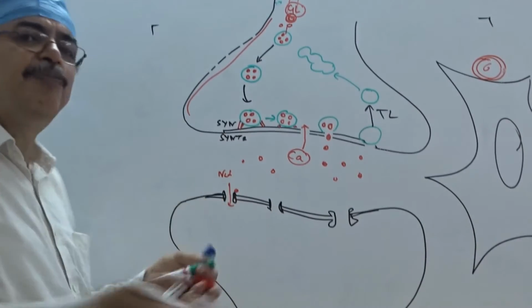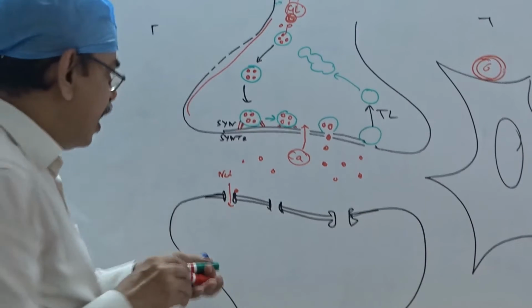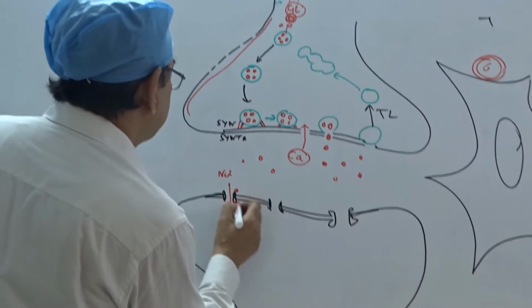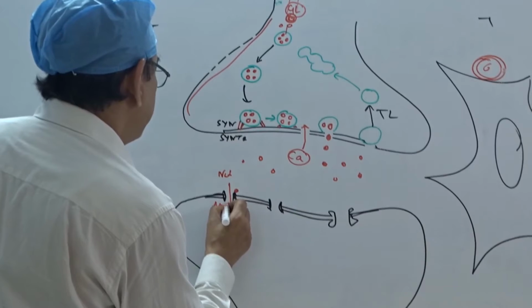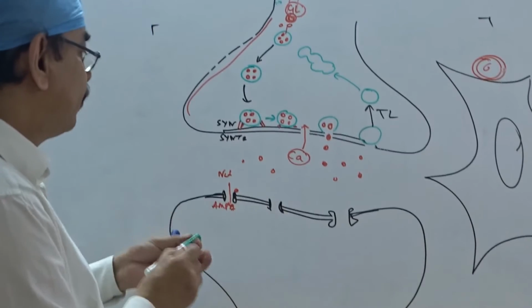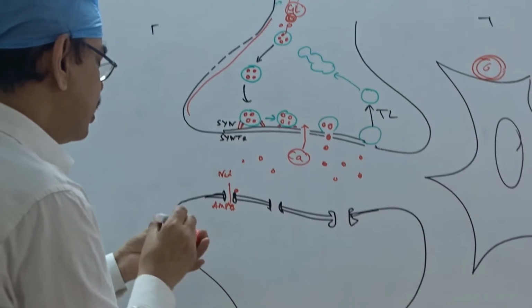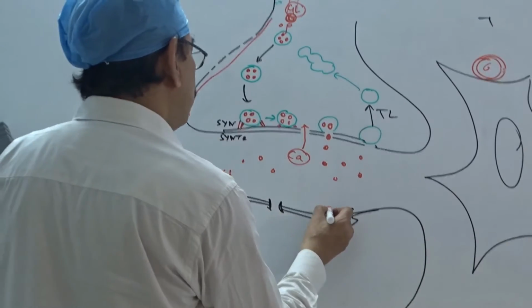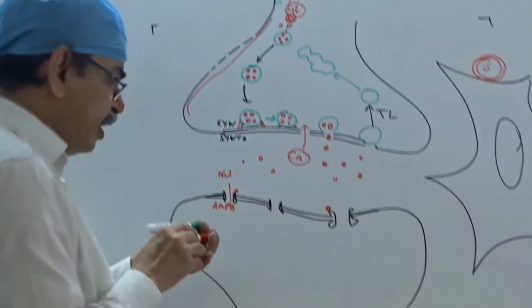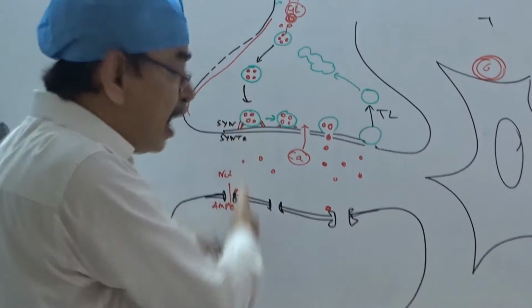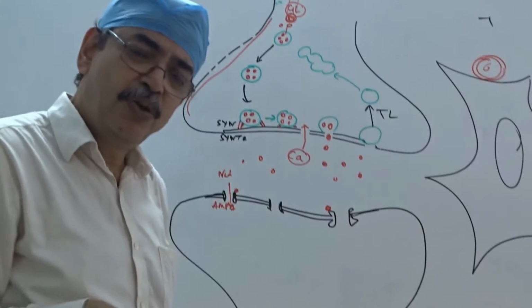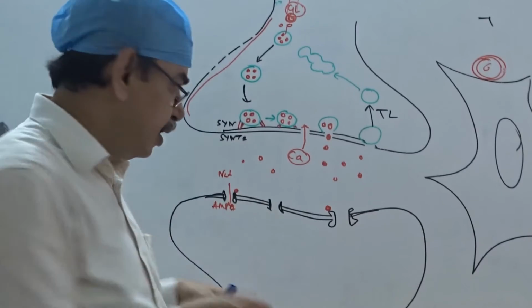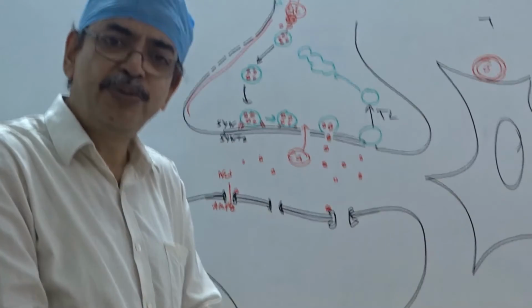So another action potential is generated, and the sodium enters through this AMPA receptor after the glutamates are attached here. Similarly, in the NMDA receptors also, the glutamates are attached. The glutamates are excitatory, facilitatory. It initiates the action potential.